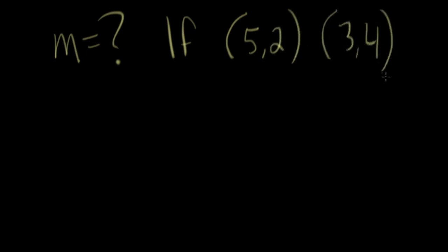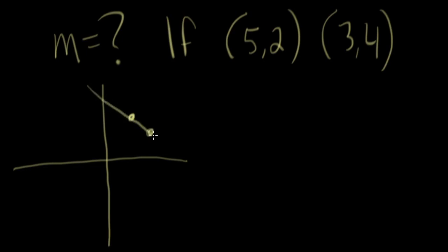Now, I know what some of you are thinking. Why don't you just go and graph it, Mr. Douglas? (5, 2) is probably over here, and (3, 4) is probably up here. Couldn't you just do that? Well, sure you could. But let's just say we're not going to do that.